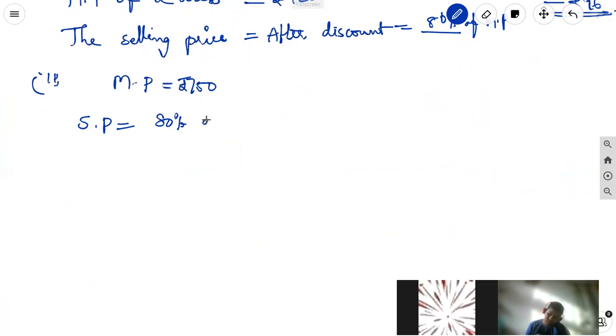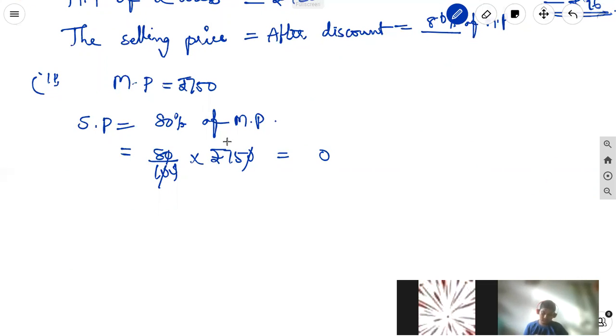That is 80 percentage of market price, equal to 80 by 100 into 750 rupees. The zeros cancel. 7 5s are 35... 8 7s are 56 plus 4, 600 rupees is the sale price of the pair of shoes.